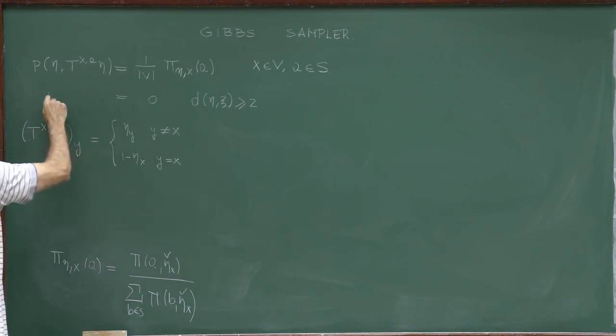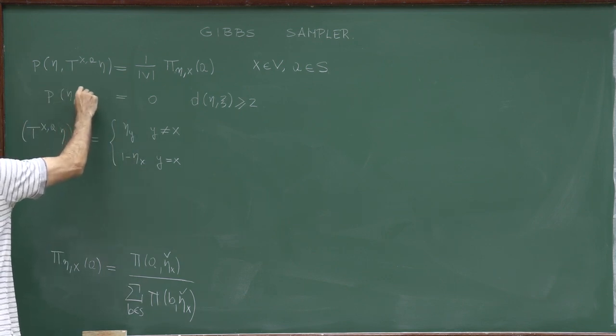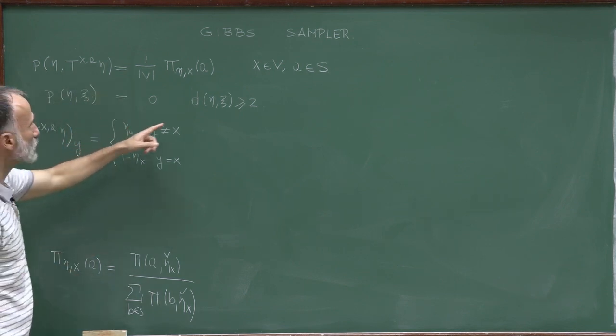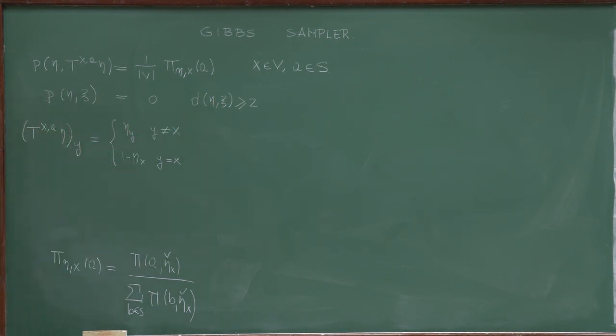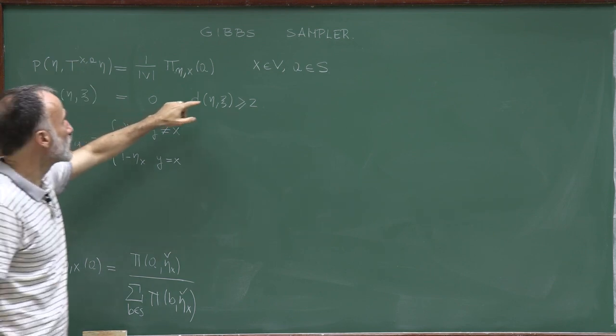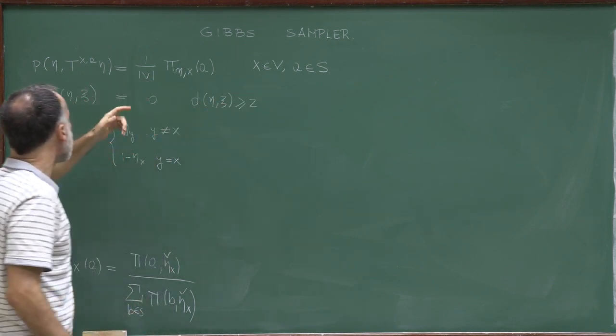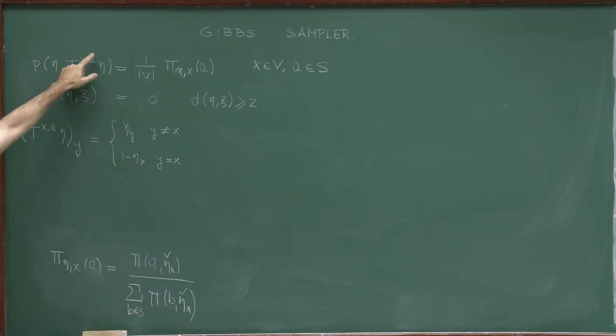And we also proved that the probability that you jump from eta to psi is equal to 0 if the distance is larger than 1. So that takes into account all configurations psi which are at distance 1 from eta, because if psi is at distance 1 from eta, this means that they differ by 1. So this means that psi is equal to one of these configurations for some x and some a.